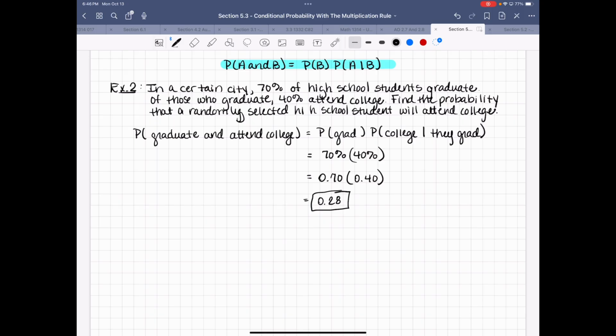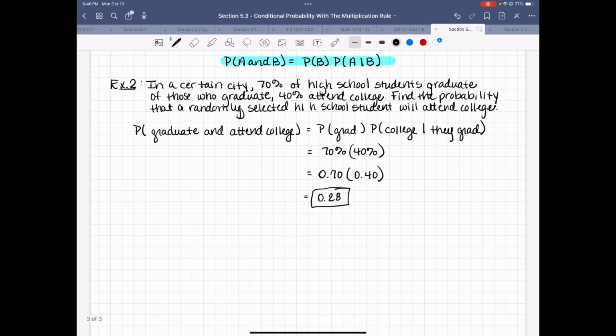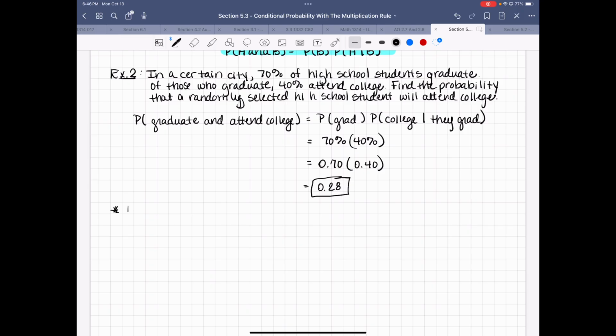Okay? Two events are independent. Definition.